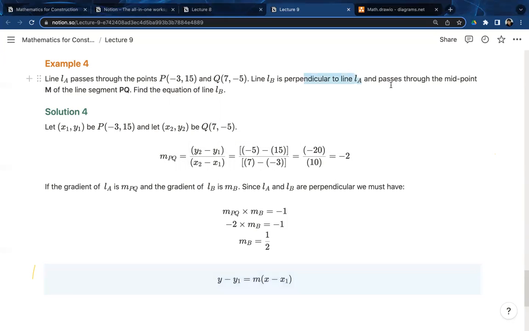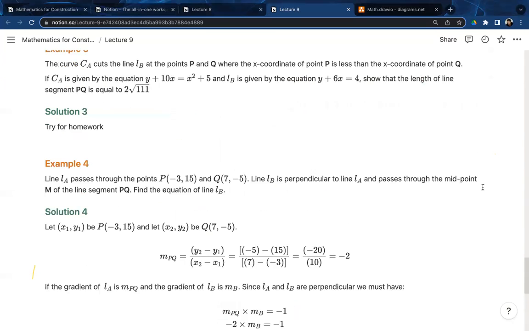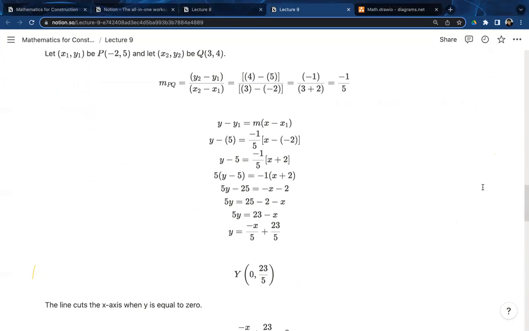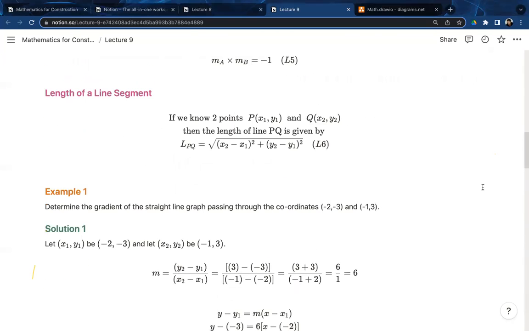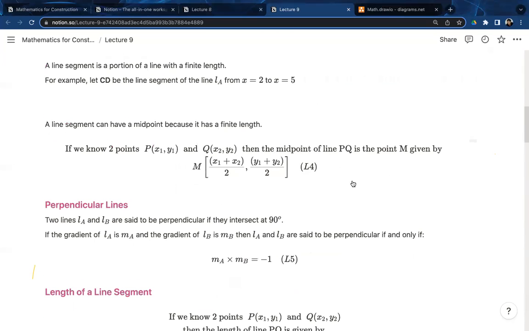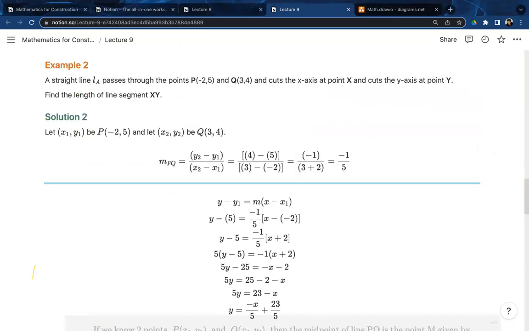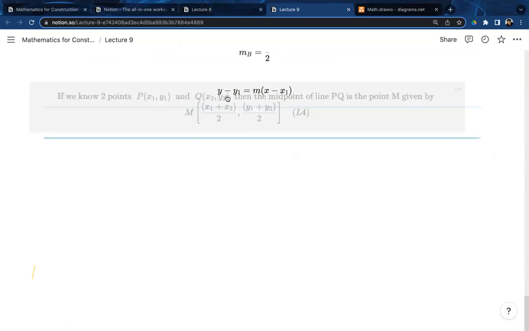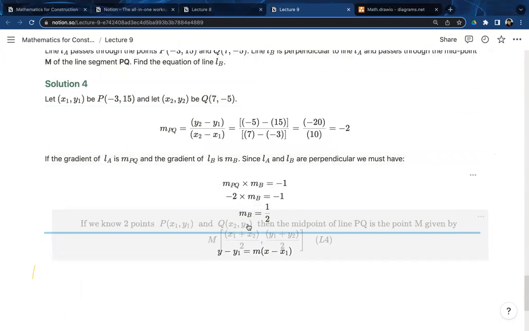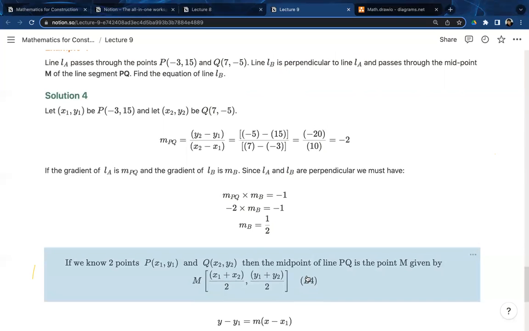LB is perpendicular and passes through the midpoint. So how do I find the midpoint of PQ? Before I do the equation, I have to find the midpoint of PQ.